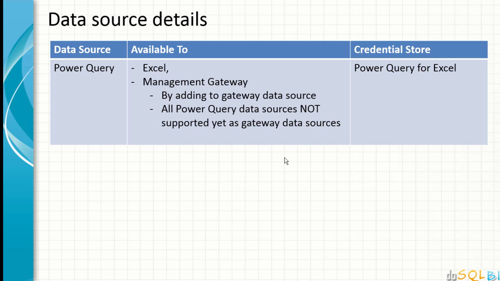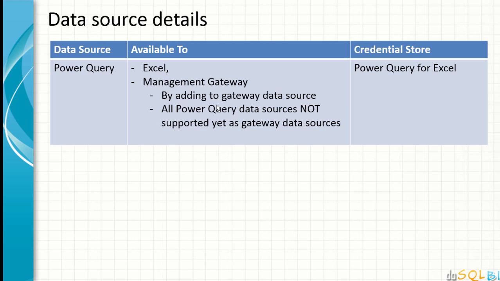Some data source details in Power BI. One of the data sources is Power Query, where we store data sources and queries in a data catalog. That source is available to be consumed using Excel that we saw during our demo, and we could also consume that through data management gateway by adding that data source as a data source in data management gateway.